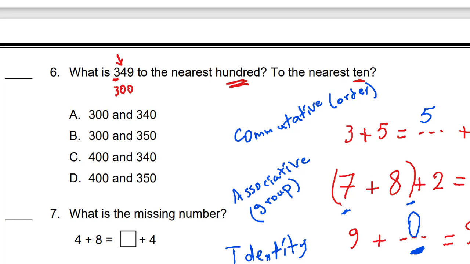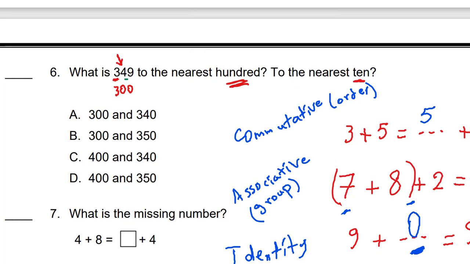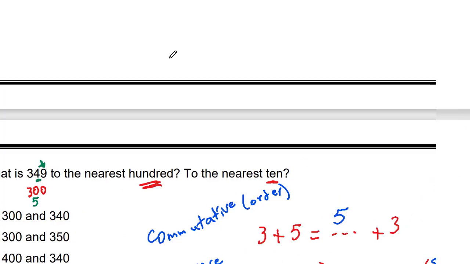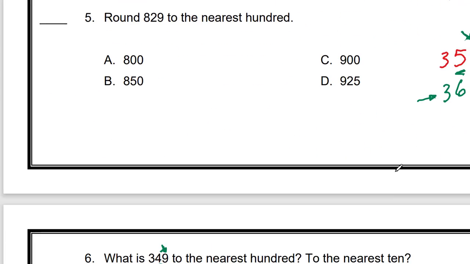And the question asks us to round it also to the nearest 10. So this time we underline the tens, the 4. And look at the right, it's 9. The 9 is strong, and it will help the 4 to go up. It will give the 4 one, so the 4 will be 5. According to step 3, all digits to the right will be zeros, and all digits to the left, keep them.